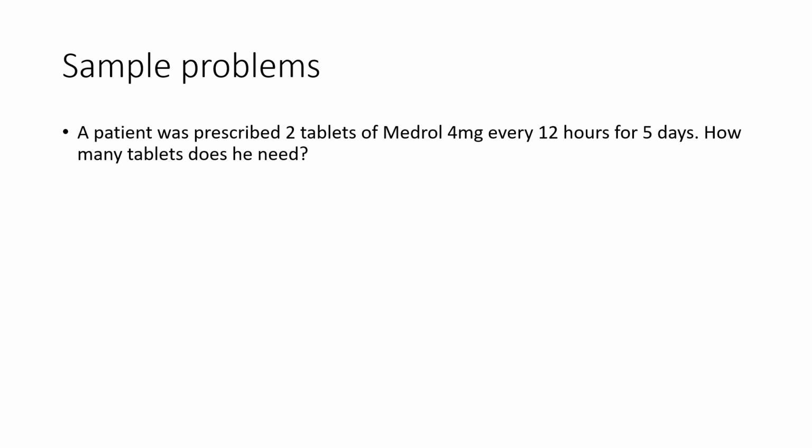Next one. A patient was prescribed 2 tablets of Metrol, 4 milligrams every 12 hours for 5 days. How many tablets does he need? So the dosing is 2 tabs every 12 hours for 5 days.